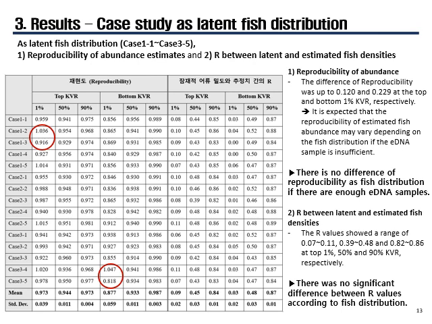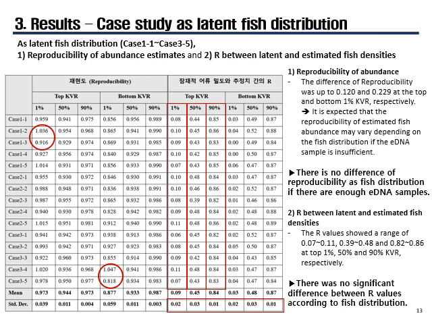It is expected that the reproducibility of estimated pitch abundance may vary depending on the pitch distribution if the eDNA sample is insufficient. And there is no difference of reproducibility by pitch distribution if there aren't enough eDNA samples. Next, R between latent and estimated pitch density.